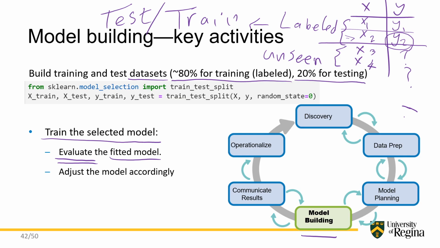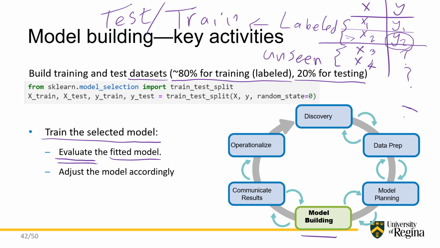There is another split we could use, I don't know, 70% for training, 10% for validation, and 20% for testing, which I'll talk about later. But for now, it's good for you to know that our labeled data is going to be separated and split into two sets, usually 80% for training and 20% for testing.